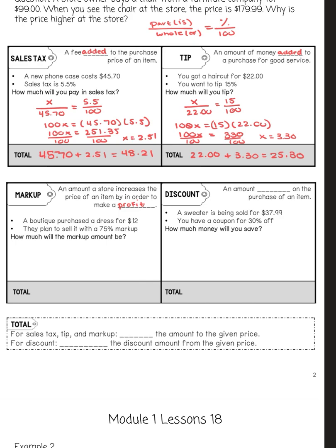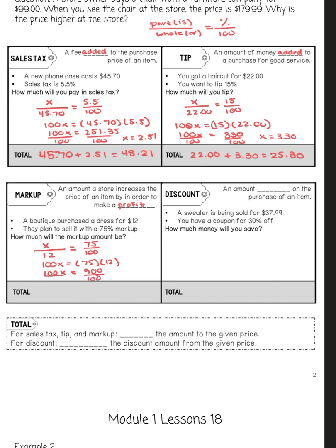All right, so we know the dress costs $12. They plan to sell it for a 75% markup. So again, we're looking for how much they're going to mark it up. We know that the price is $12. We know our percent is 75, and that's out of 100. So we have 100x is equal to 75 times 12, which gives us 100x is equal to 900.